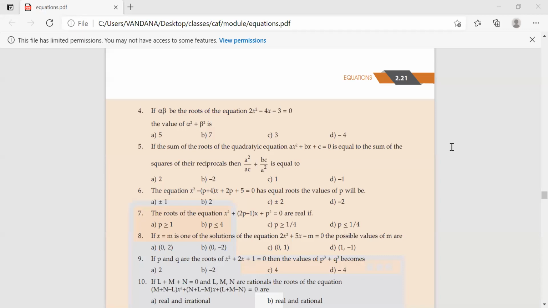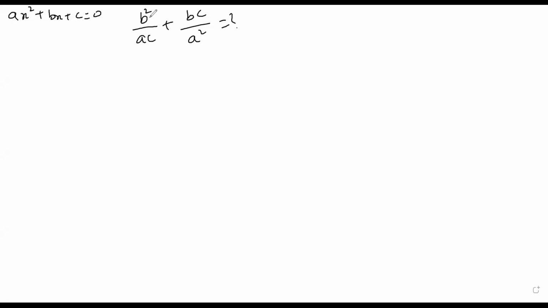This is the old module and I think there is something wrong. The printing is wrong here. The correction is we want b square upon ac plus bc upon a square is equal to. So if ax square plus bx plus c is equal to 0, find the value of b square upon ac plus bc upon a square.